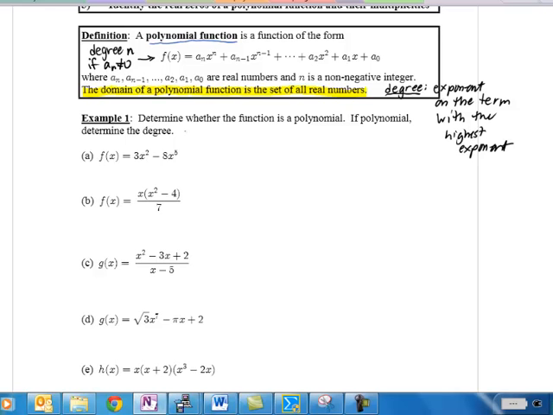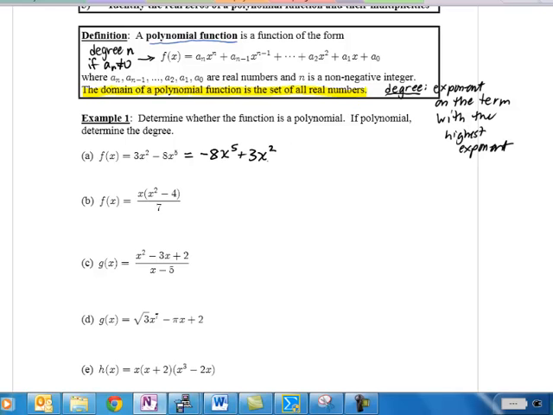So here we have two goals. First, figure out whether we even have a polynomial function, and if we do, figure out the degree. It's standard to write polynomials in what's called descending order. So here I notice x to the fifth is the highest exponent I have, so I would rewrite this in the order negative 8x to the fifth plus 3x squared.